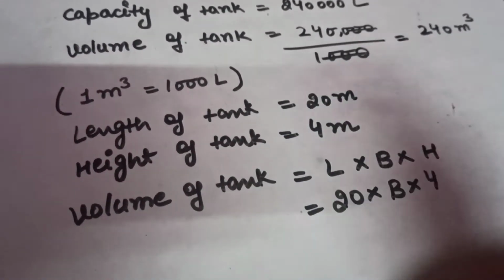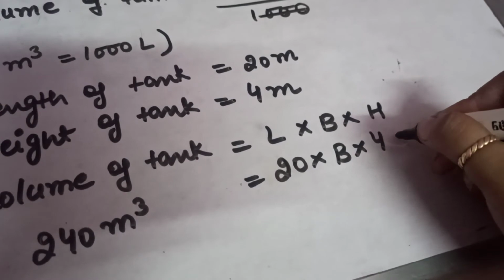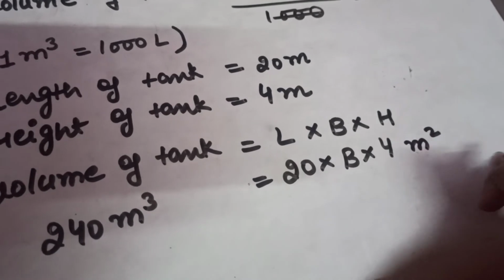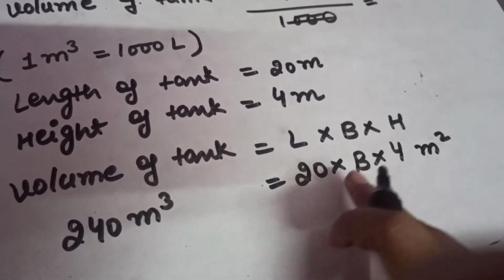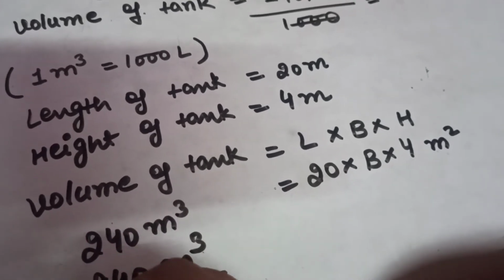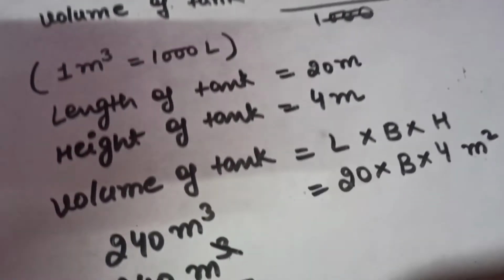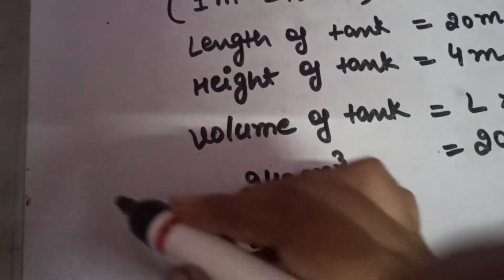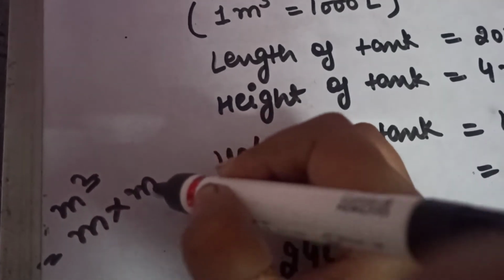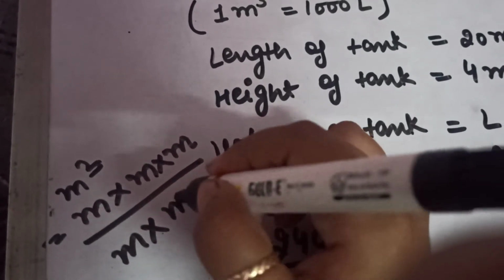Volume of the tank we know is 240 meter cube, and here it comes meter square because only 2 meters are there. Now take these units downside. 20 multiply with 4 meter square. Meter cube means meter multiply meter multiply meter, and downside meter square means meter multiply meter.